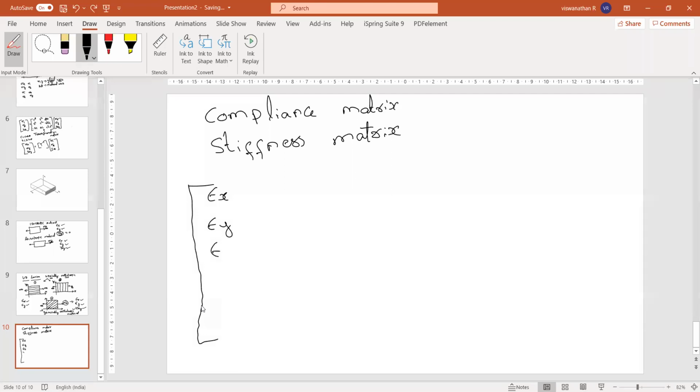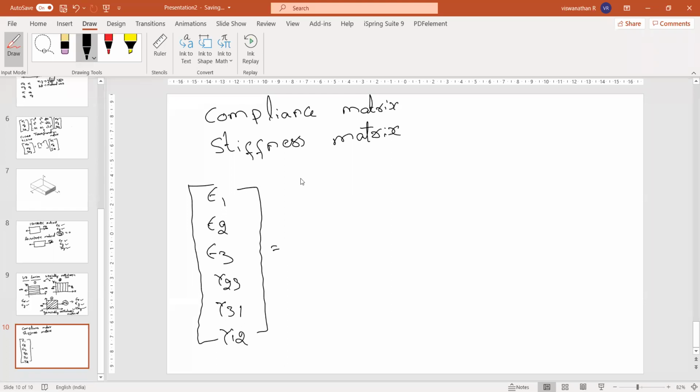Instead of x, y, z, I'll put it as 1: epsilon 1, epsilon 2, epsilon 3, gamma 2 3, gamma 3 1, and gamma 1 2.